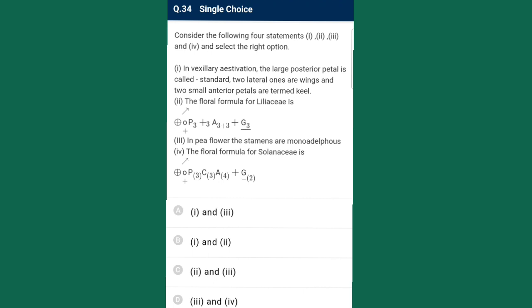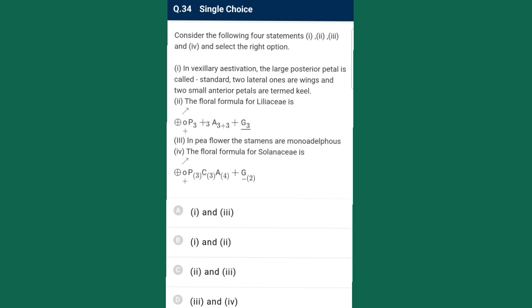Question number 34. Consider the following 4 statements. There are 4 statements given. Vexillary or descending imbricate: the posterior petal is outermost and largest in it. Standard or vexillum covers 2 lateral petals. These 2 lateral petals cover 2 anterior ones. Vexillary arrangement is present in pea family, for example pea, bean.